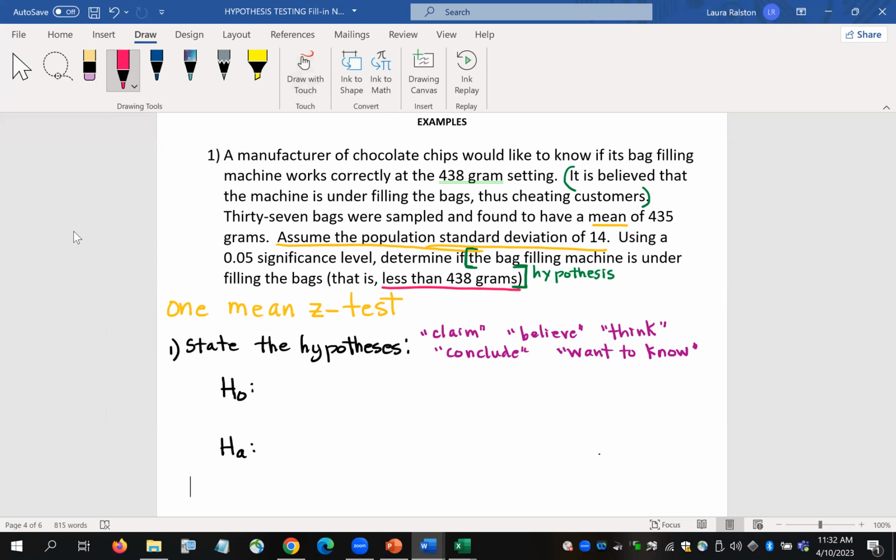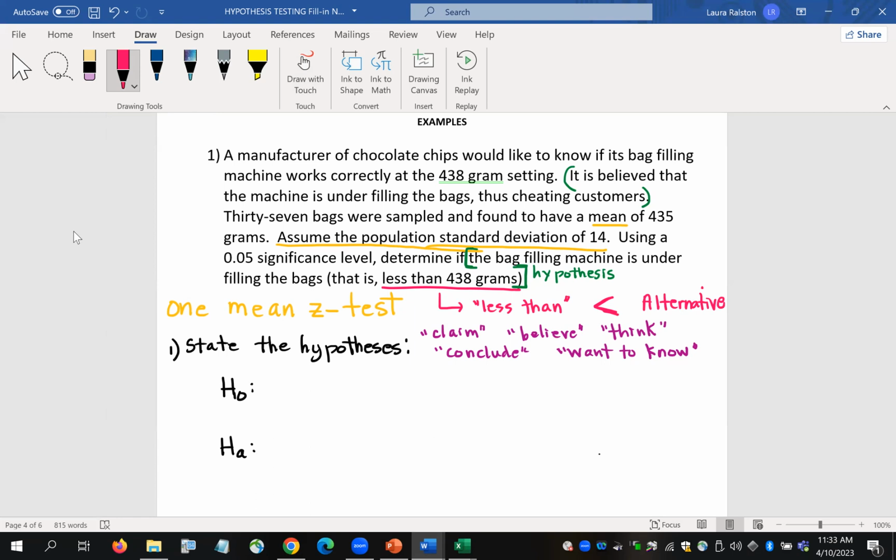When I see the phrase less than, hopefully what comes to mind is the less than symbol, which does not in any shape, form, or fashion contain equal. So this statement we're looking at is actually our alternative hypothesis.